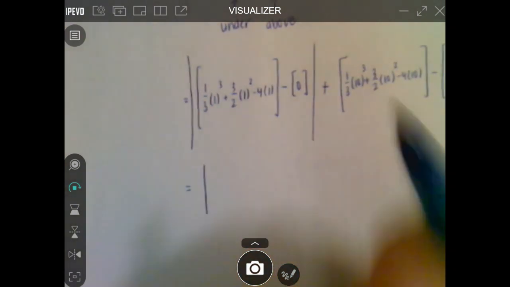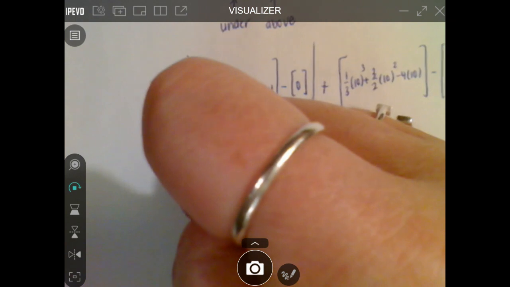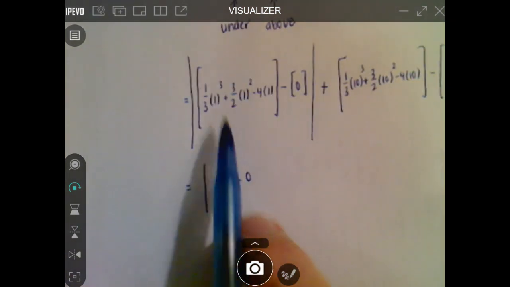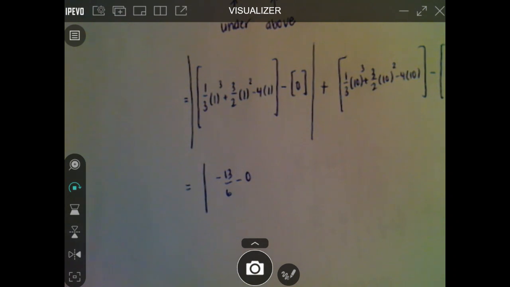So then I'm going to go ahead and do some simplifying. So let's see, use my calculator here for just some quick calculations. This is going to give me negative 13 over 6 minus 0. So all this stuff is negative 13 over 6, I believe. Let me just double check. 1/3 plus 3/2 minus 4. Yep.